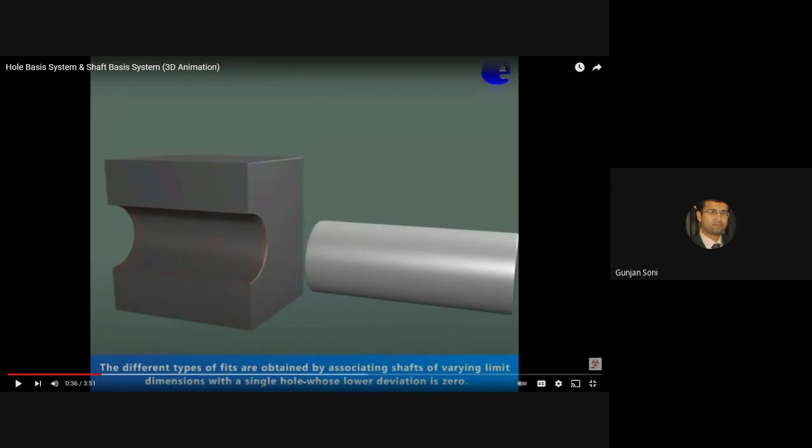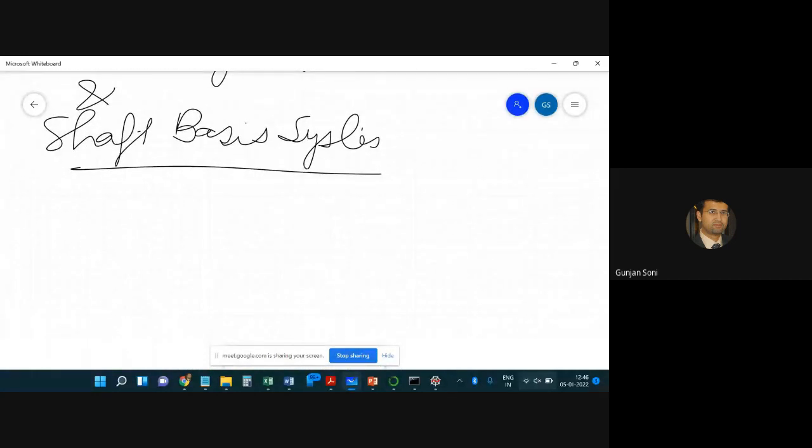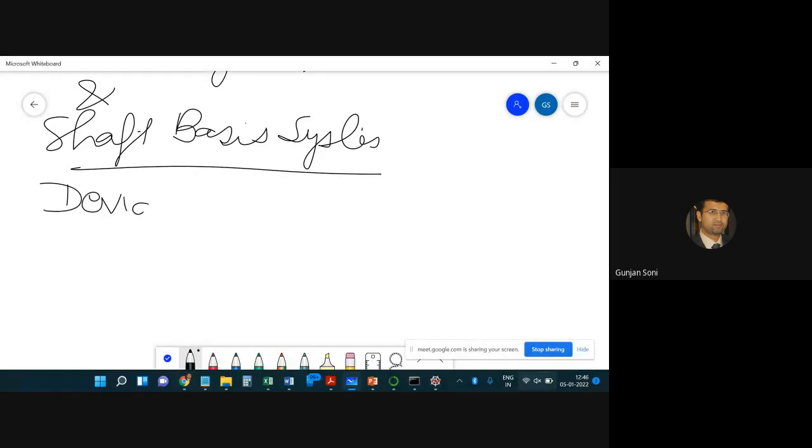Deviation is the first term we should understand before we go to hole and shaft basis. Deviation is the algebraic difference between a size and its corresponding basic size. So it may be positive, negative, or 0.